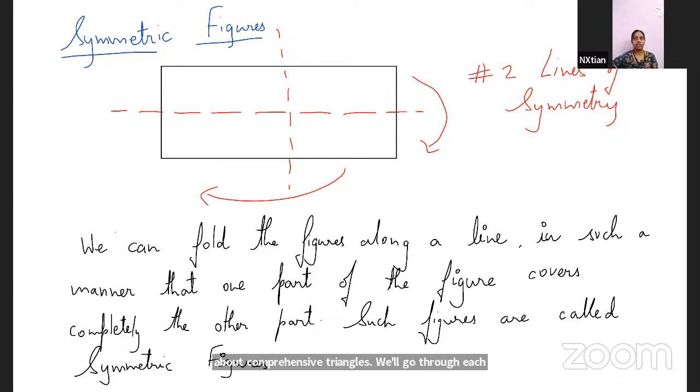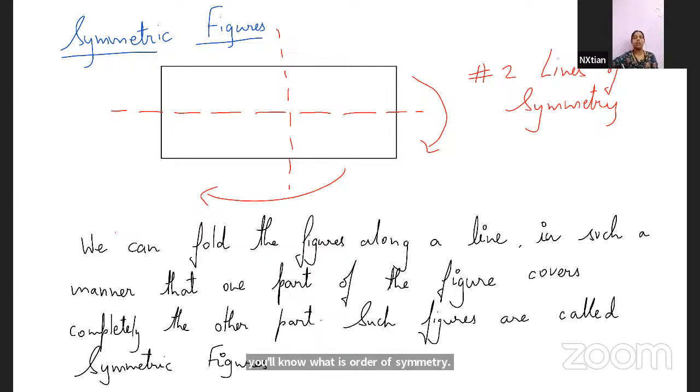Then in symmetry, this focuses on lines of symmetry in different shapes, such as squares, rectangles, triangles. Also, I'll do order of symmetry with you, so that you'll know what order of symmetry is.